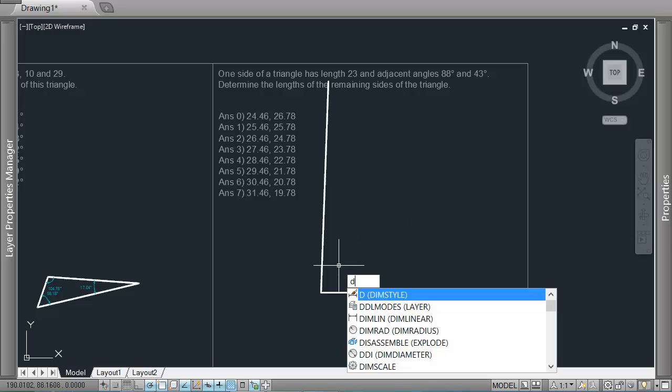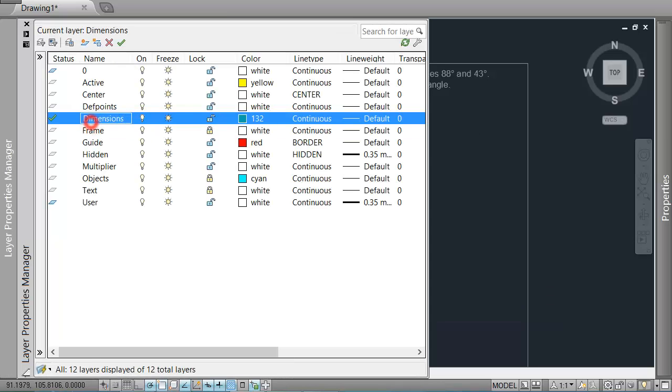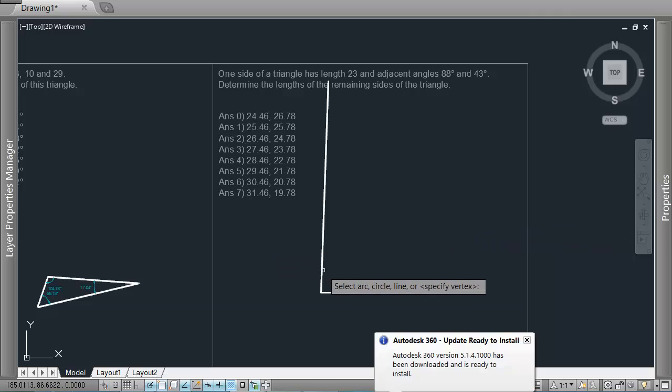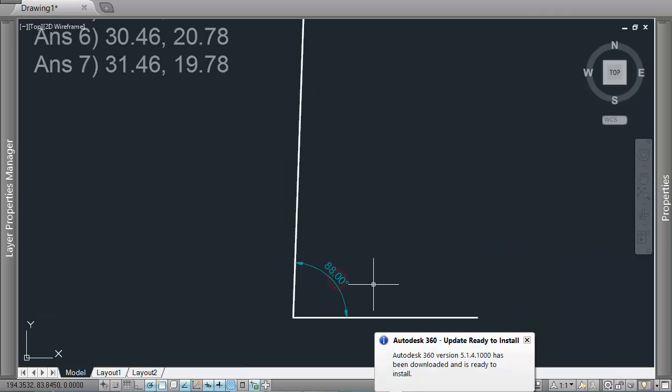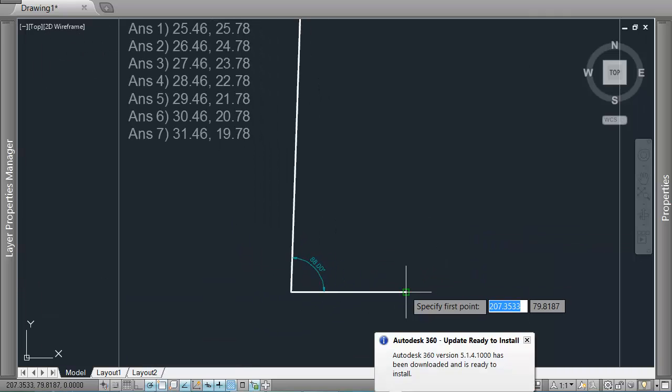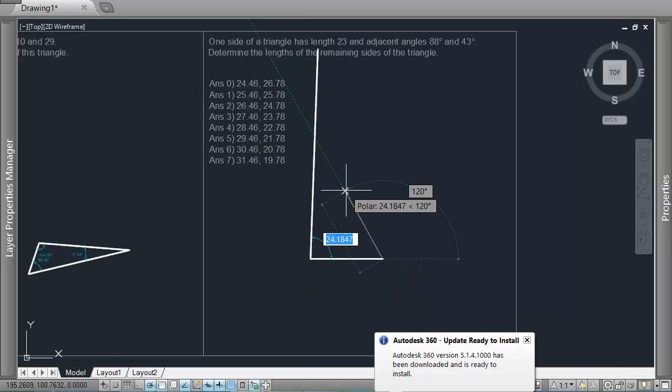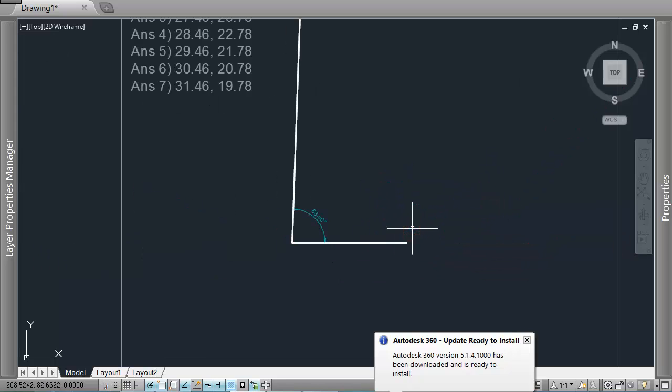So that means that this internal angle is 88 degrees in there. Now we want this other angle in here to be 43 degrees, but I can't simply hit tab 43 because this line is going to be on the wrong angle. So we need the angle in here to be 44 degrees.